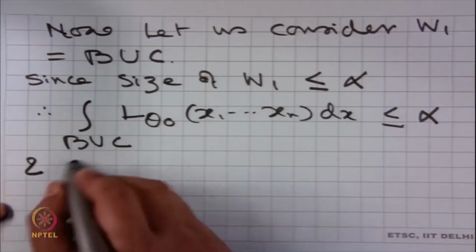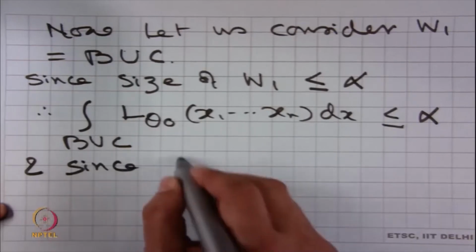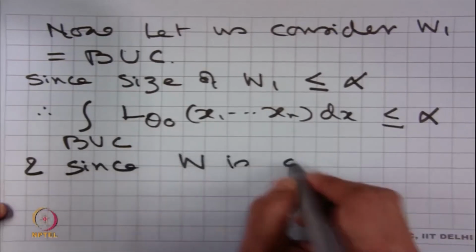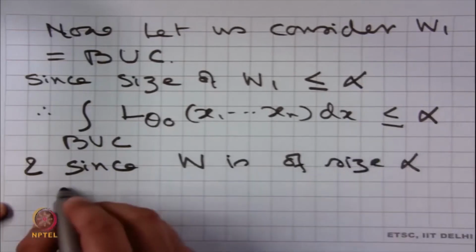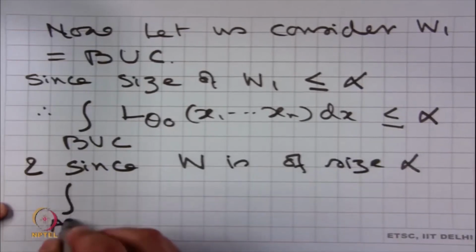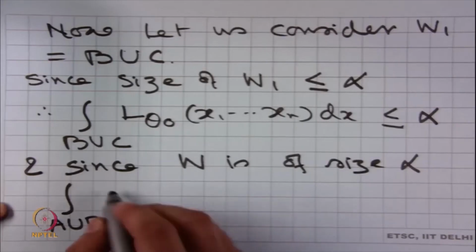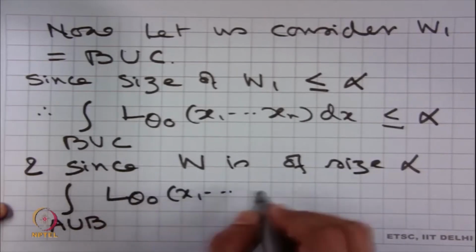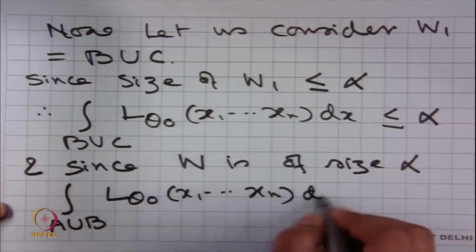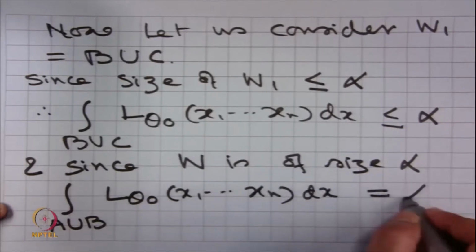And since W is of size alpha, integration over A union B of L theta 0 of x 1, x 2, x n dx is equal to alpha.